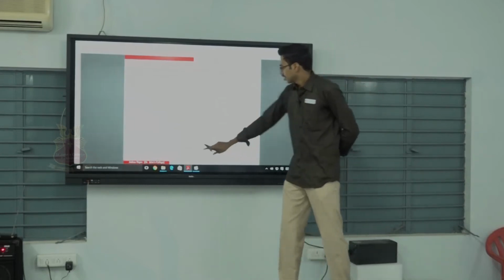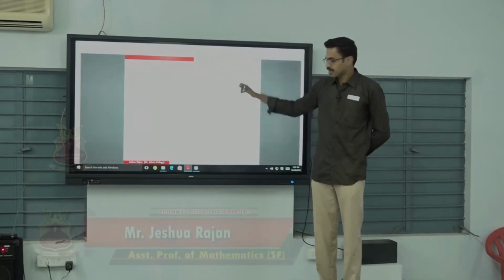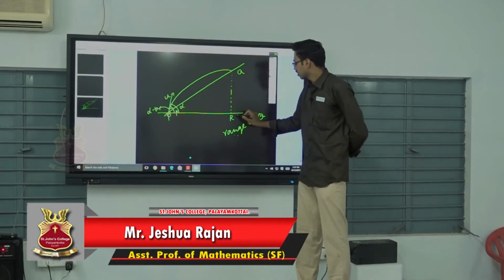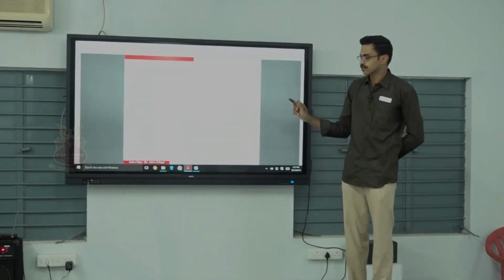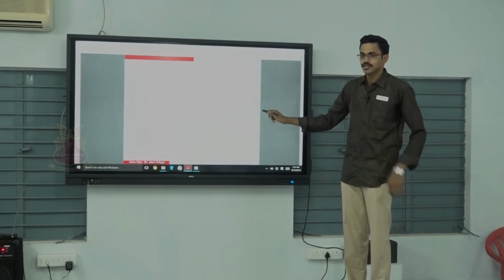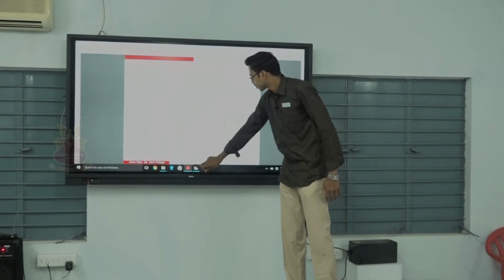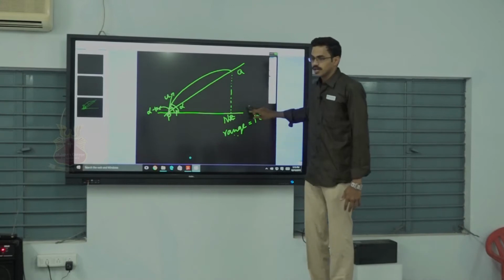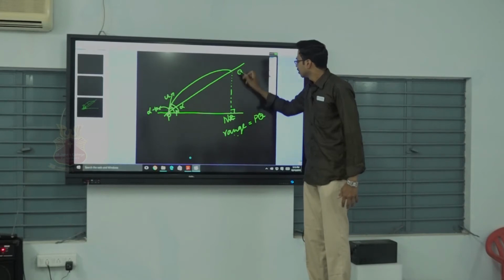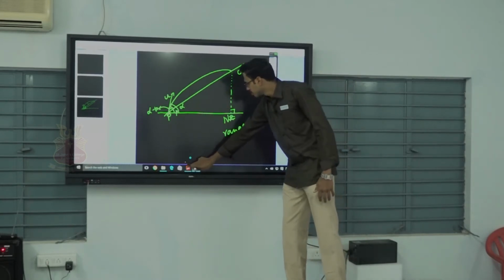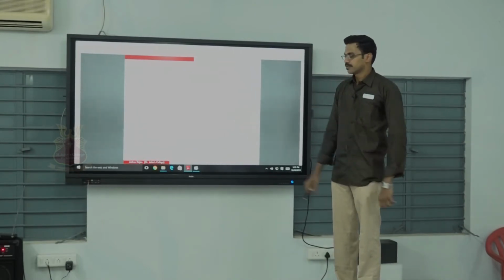Now we draw a perpendicular, QN, perpendicular to the horizontal plane through P. This is the horizontal plane through P, so we draw perpendicular QN to that plane. Now what is the coordinate of Q?